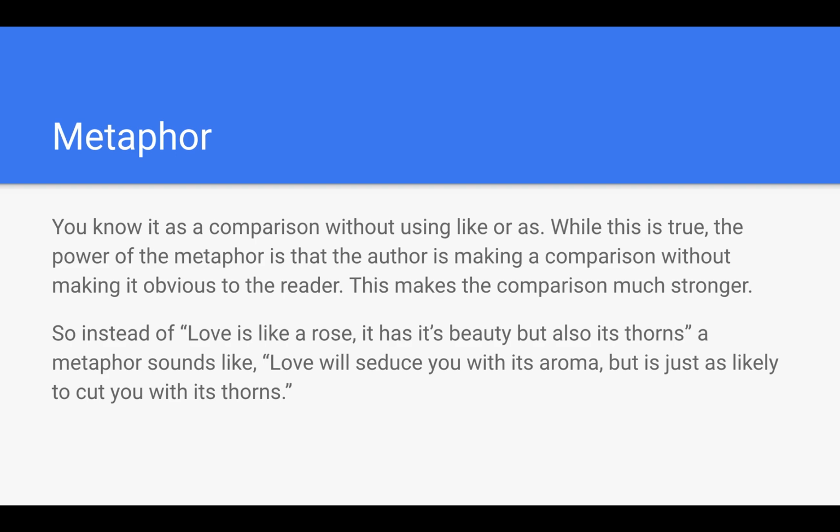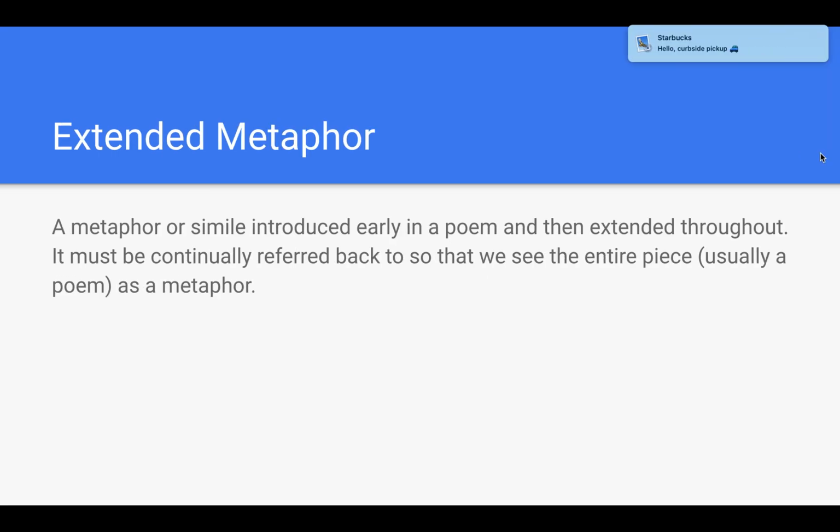I'm not being intentional about the comparison that's being made, and therefore we get a stronger literary term, right? A stronger use of figurative language. So that's one of the key things that I really want you to know about metaphor this year. Not just that it's like a simile, but it doesn't use like or as, but that lack of using like or as actually creates a more powerful connection for us.